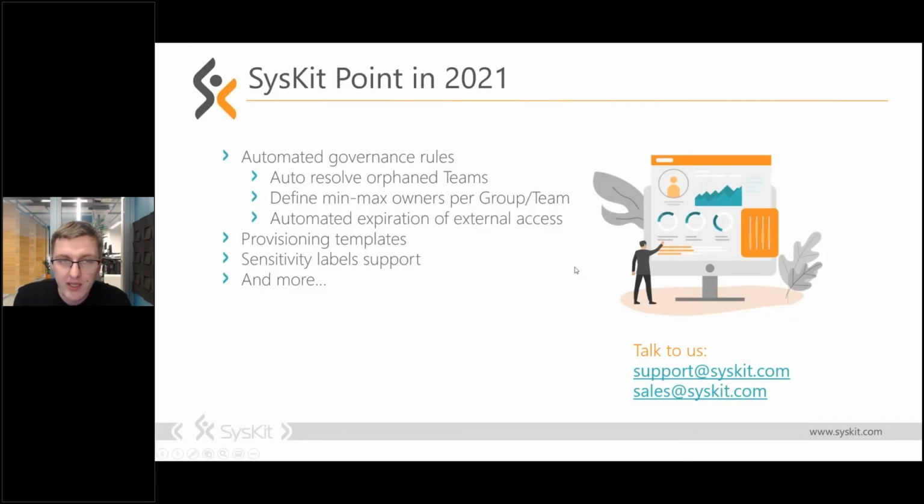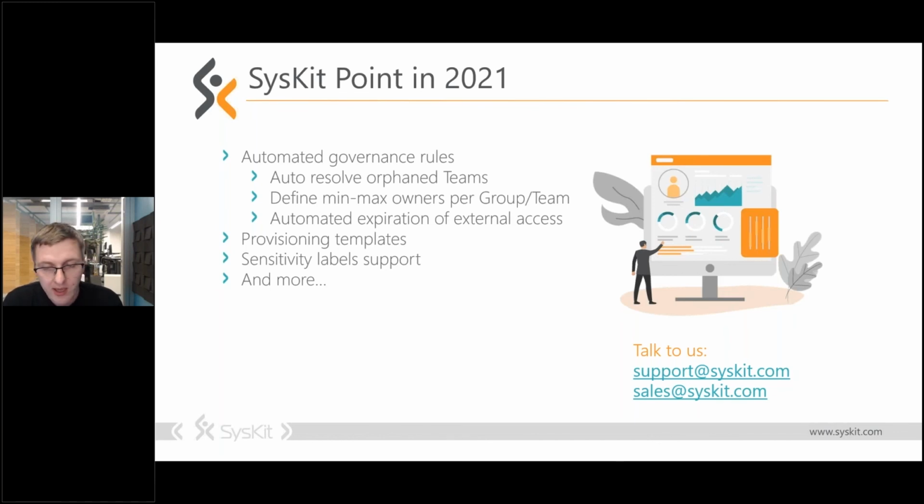And basically, we are done when it comes to new features, but I also wanted to share what's coming later this year for Syskit Point. So we already started working on something that's pretty cool, and that's the automated governance rules. Basically, we are going to have automated workflows enabling you to resolve if you have orphan teams, or maybe you want to define a minimum number of owners per your group or teams.